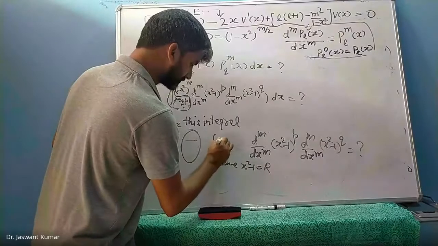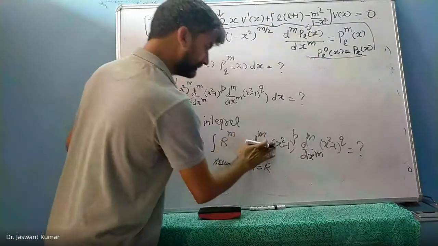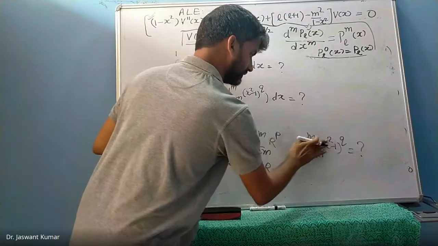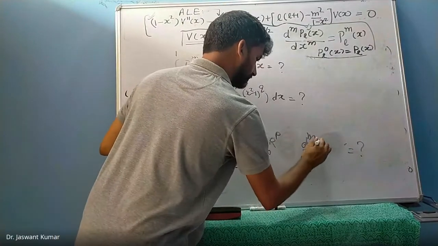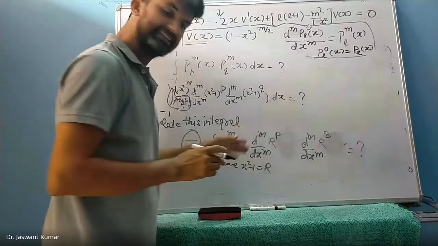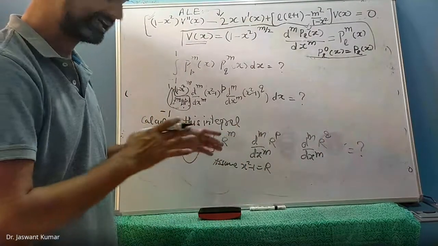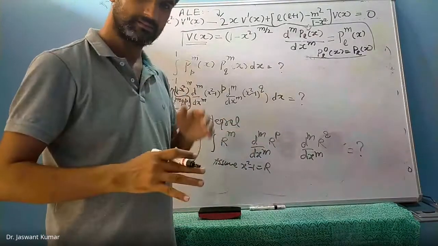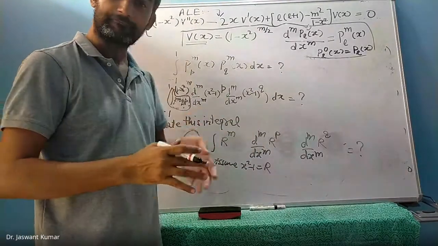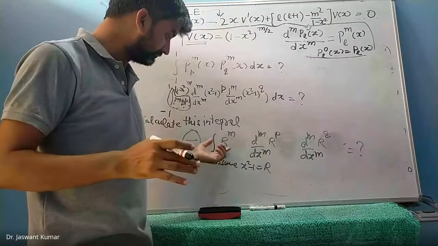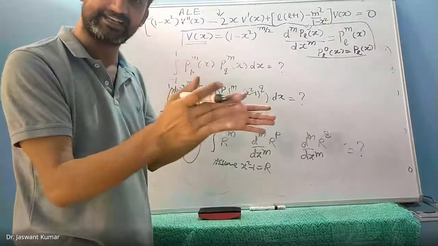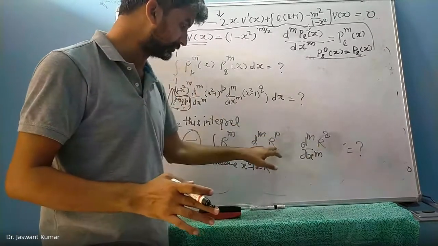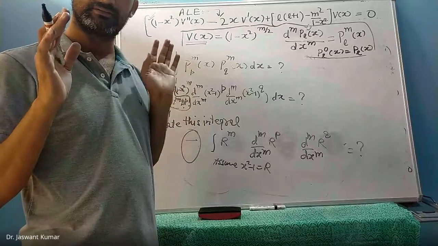This will be like R to the power p, and this is R to the power q. So we have not made things any different. Instead of those frightening looking terms, we have now made it into slightly less frightening looking terms. Wherever we had x square minus 1, we just wrote R.